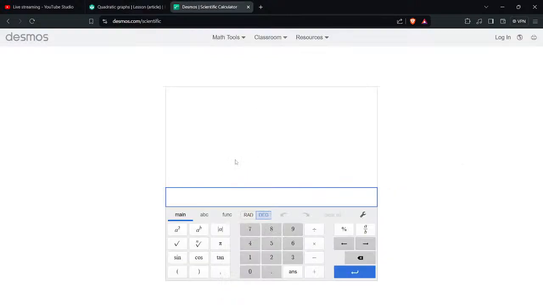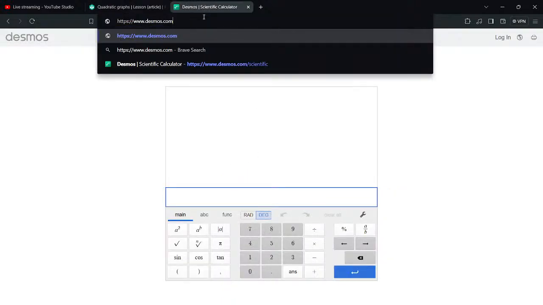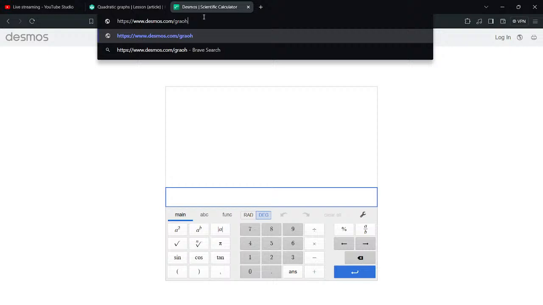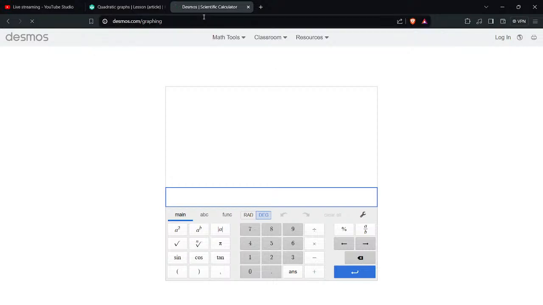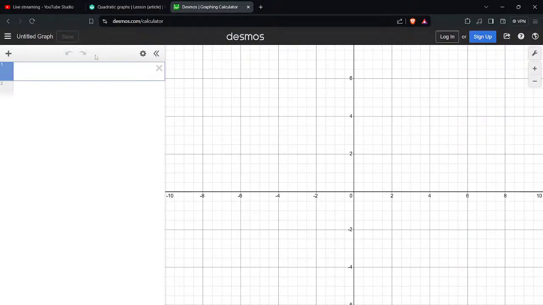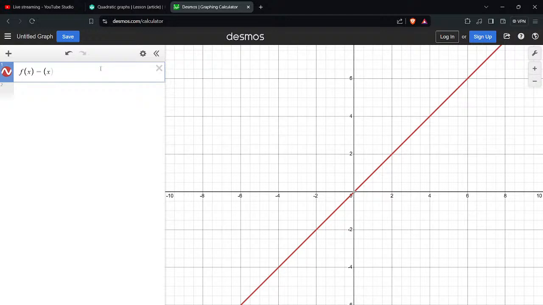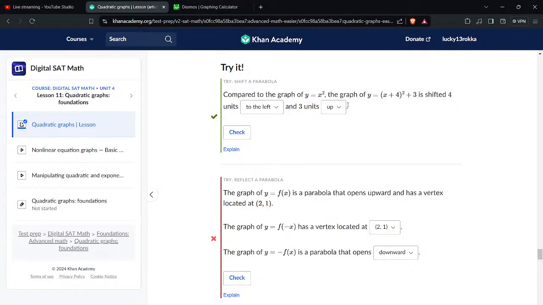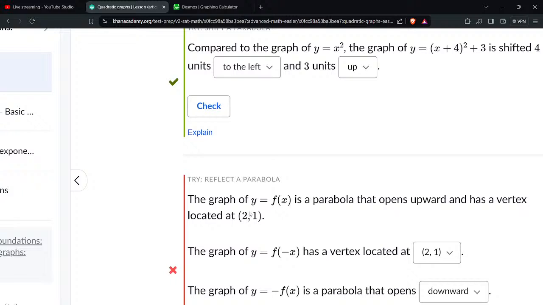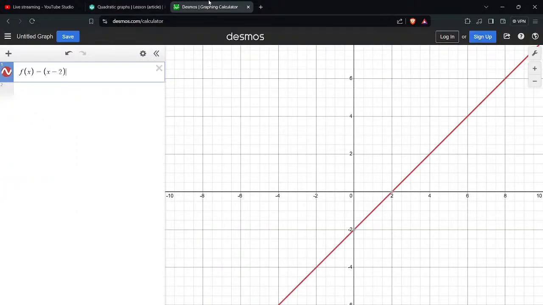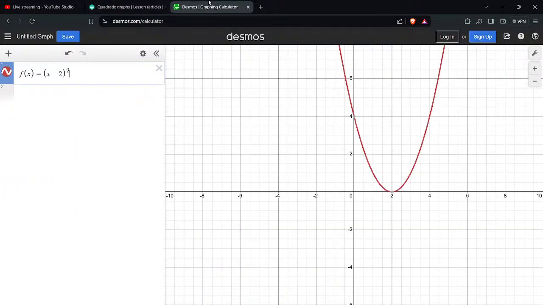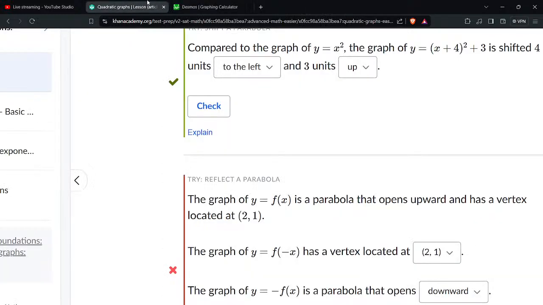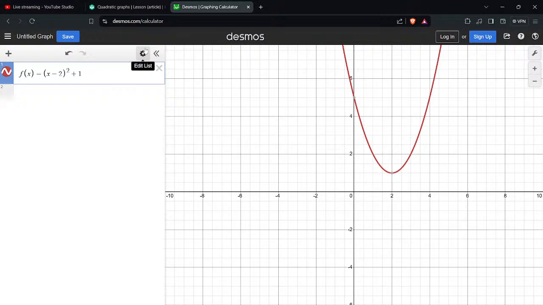Wait, I don't know the answer to this question. Wait, oh my god. So you got f(x) equals (x minus h) whole square plus k. Yeah, (x minus h) whole square plus k.